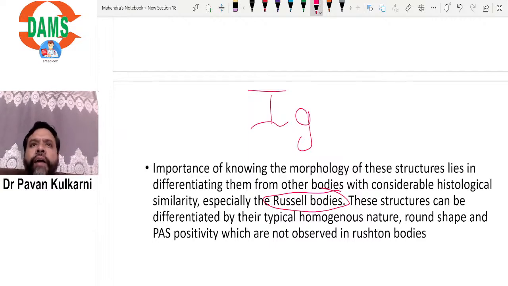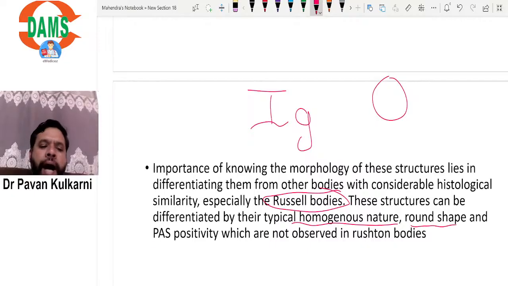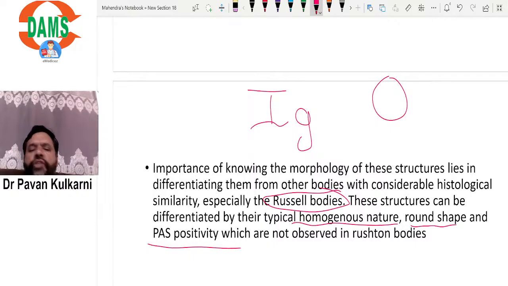Now, how to identify that these are Russell bodies and not Rushton bodies? Russell bodies will always have a homogeneous nature. They'll be uniformly pink. They will be round in shape. They will be PAS positive. If you use periodic acid Schiff stain, Russell bodies will be positive, but Rushton bodies will not be.